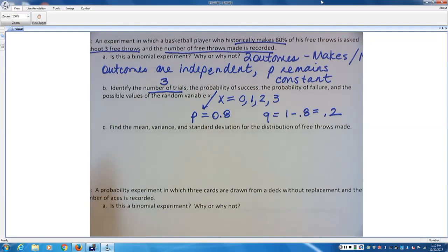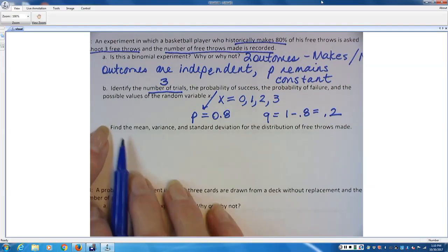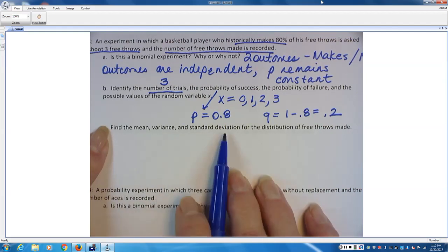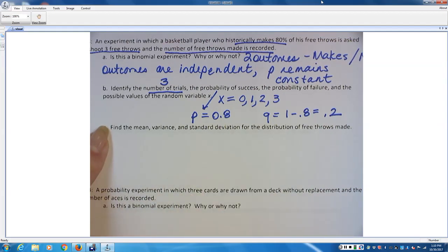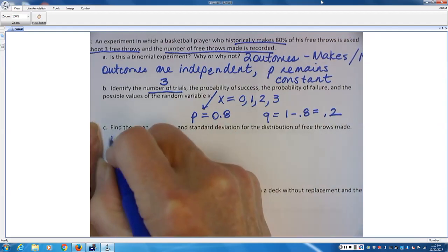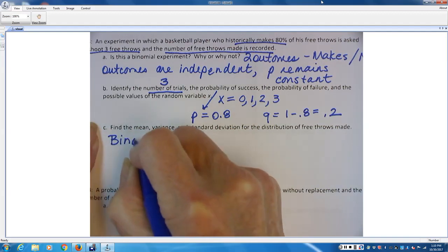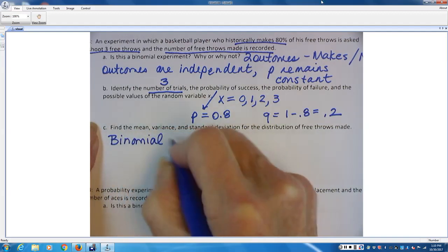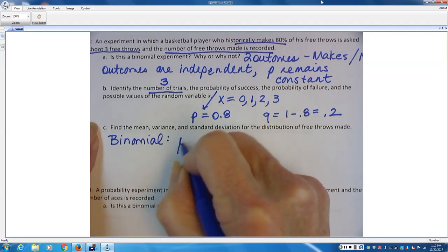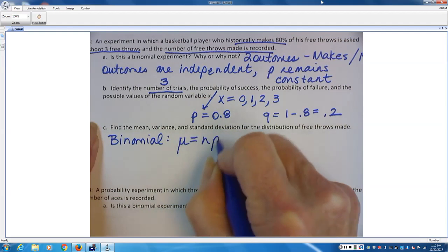Now, all they want us to find with this is the mean, variance, and standard deviation. It doesn't say anything about how many free throws he can make. It says find the mean, variance, and standard deviation. And because it's binomial, mu is equal to n times p.